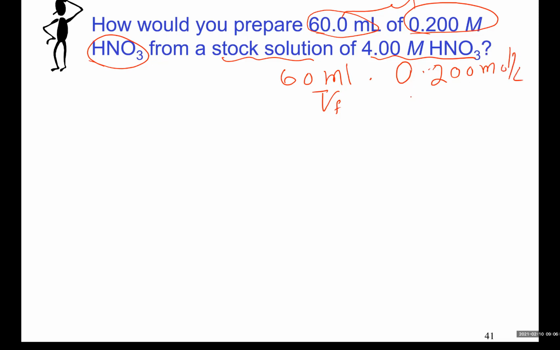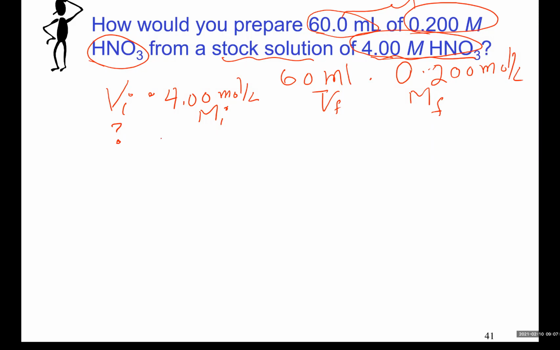So can I say this is the final molarity? And then the solution that we are using to make this diluted solution is 4.00 mole per liter. So can I say that is my initial molarity? That's what I start with. And how much volume of this do I need to have 60 ml of 0.200 M?